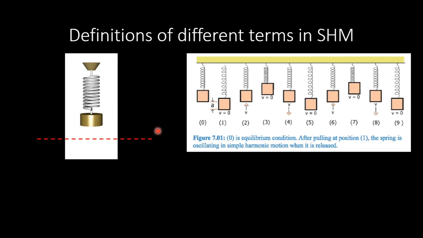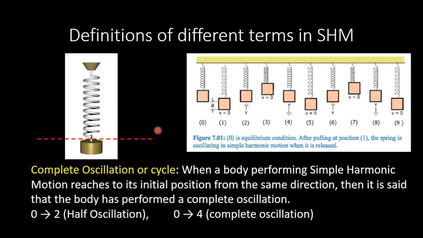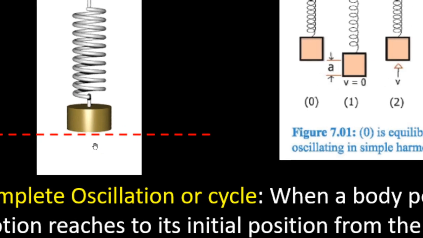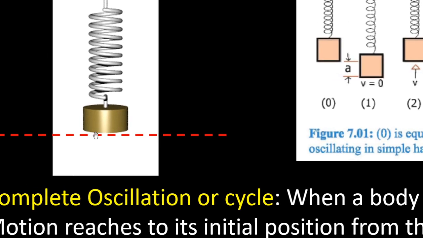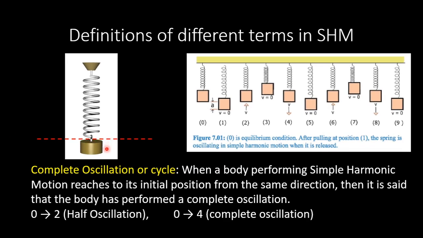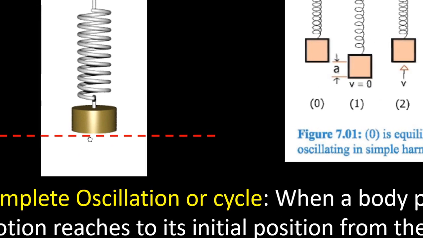Now we will understand what is called a complete oscillation or cycle. What is called one complete oscillation? When a body performing simple harmonic motion reaches its initial position from the same direction, then it is said that the body has performed a complete oscillation. That means the mass here is nearly at the equilibrium position, and it will move downward and then upward and then to the same point.